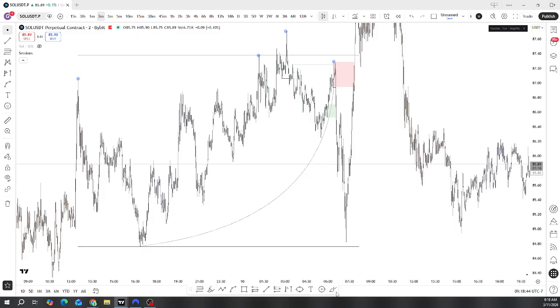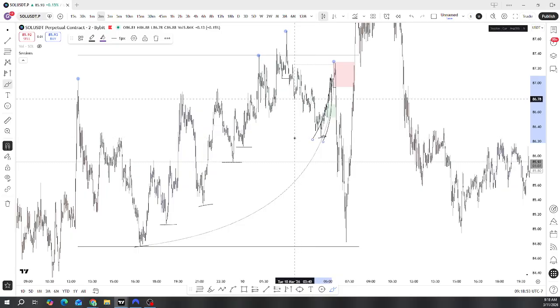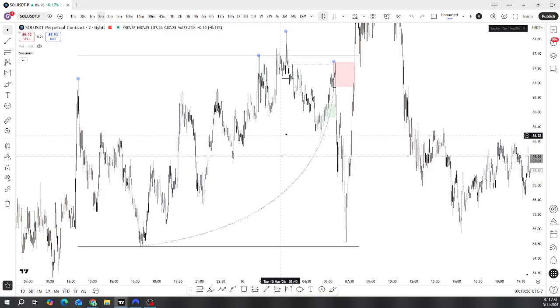So you had good liquidity build up with 1, 2, 3, 4, 5, 6, and then some internal stuff right there. So some good liquidity build up there.